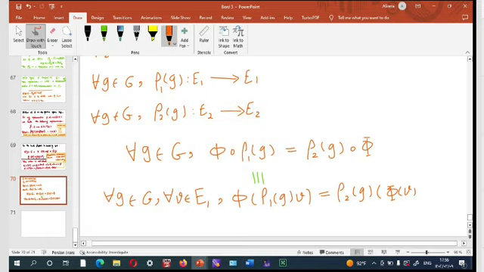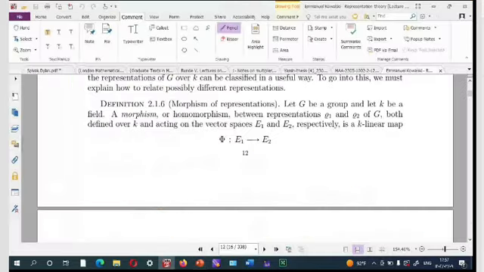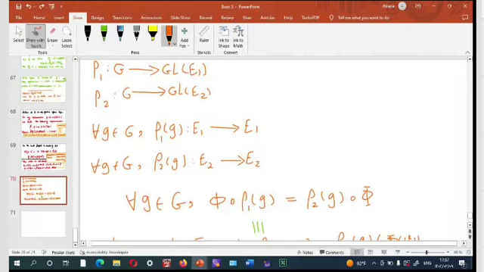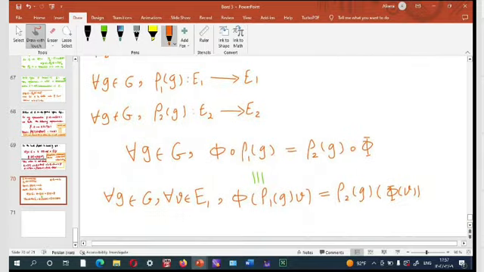Note that v belongs to E1, and phi is a function from E1 to E2, so phi of v is an element of E2, so that rho 2 of g can act on this element of E2.